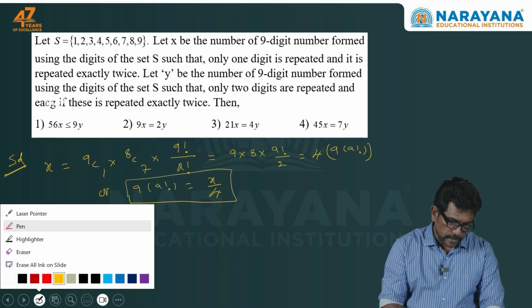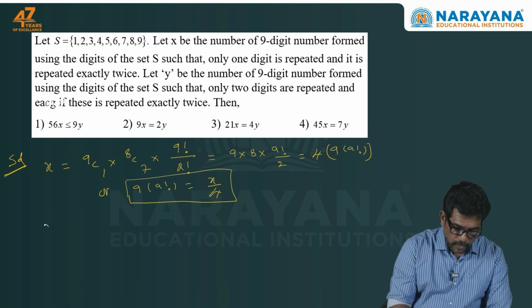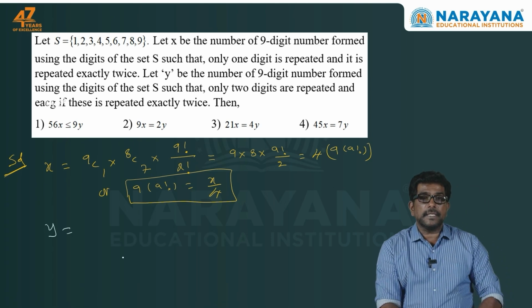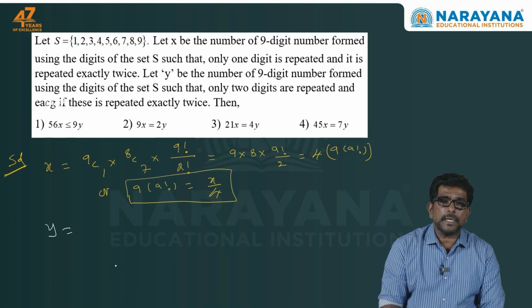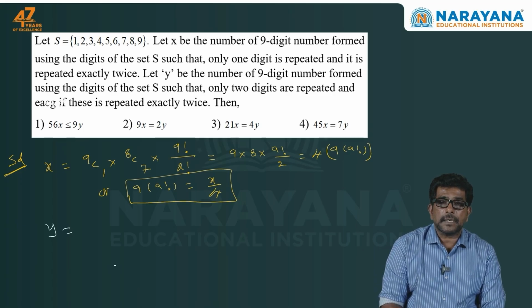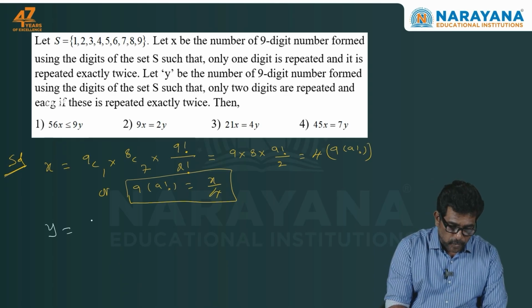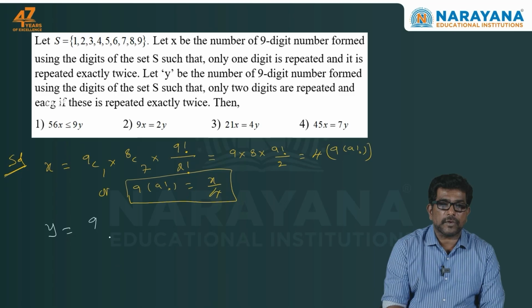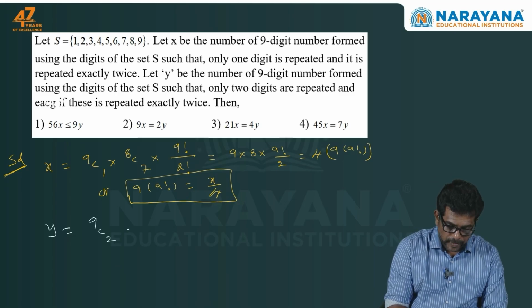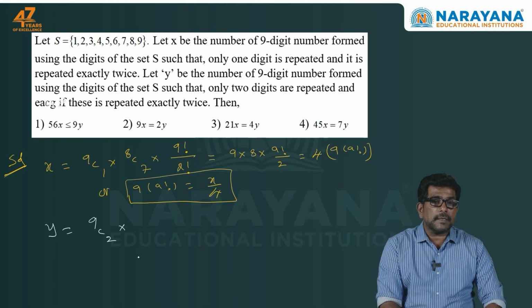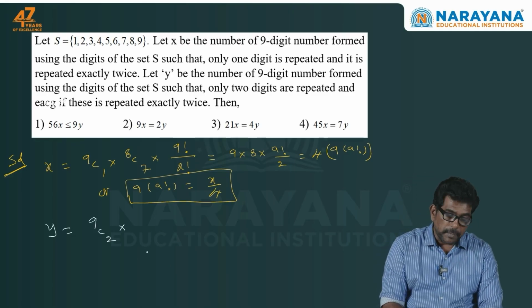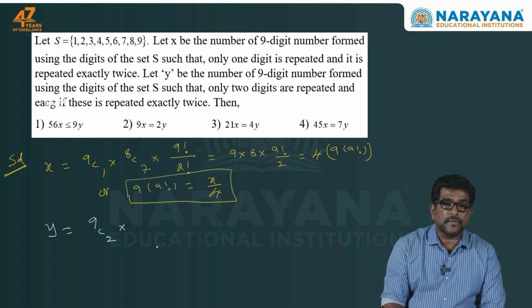Now y is also in the same manner. We are going to calculate y. In this case, y represents the number of 9-digit numbers formed by using the same digits, but 2 digits are repeated exactly twice. That's why first I am going to choose 2 digits out of 9 in 9C2 ways, and from the remaining 7 digits, we are choosing 5 only.